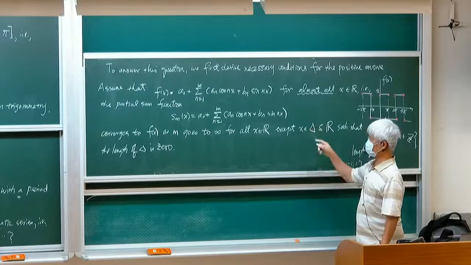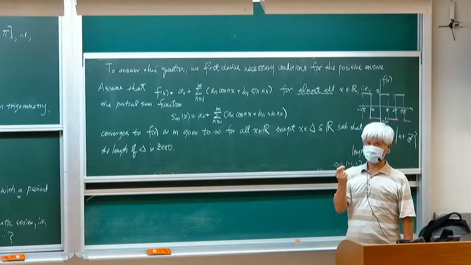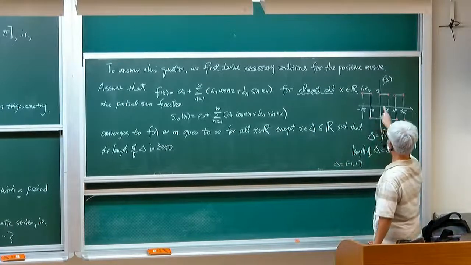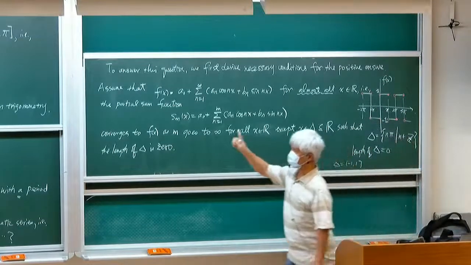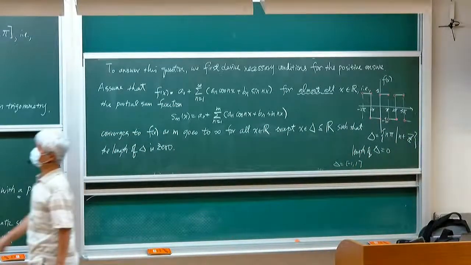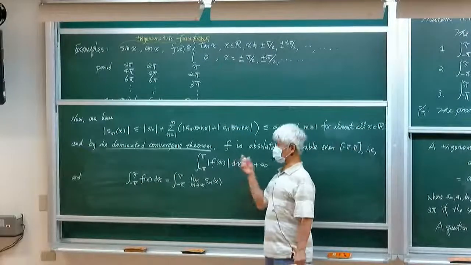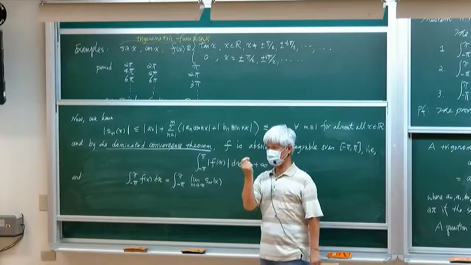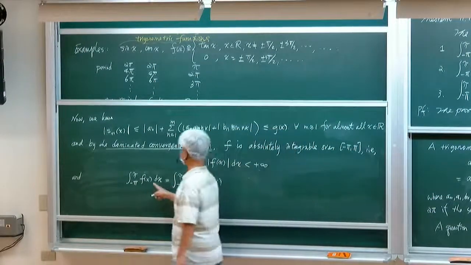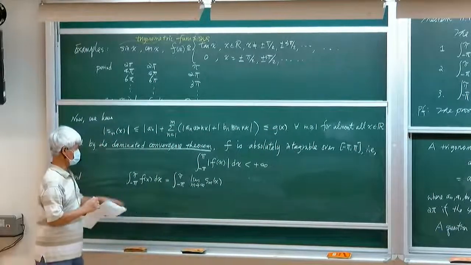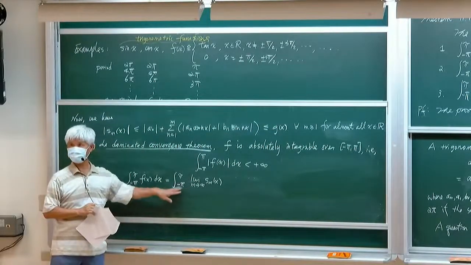And this subset delta has length 0. Just like here. And so if we take an integral, because for a point the differential length is 0, their integral will be the same.